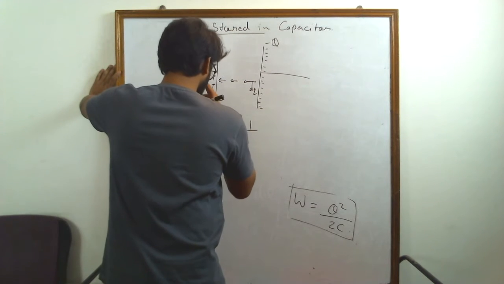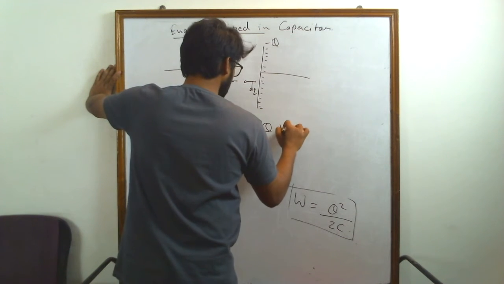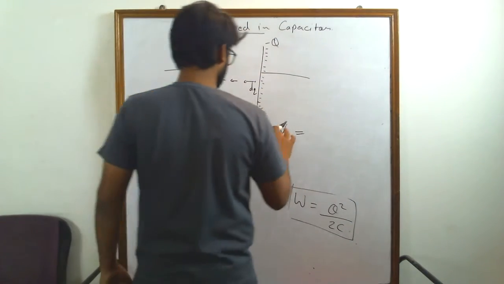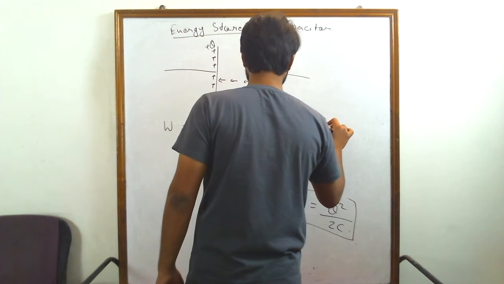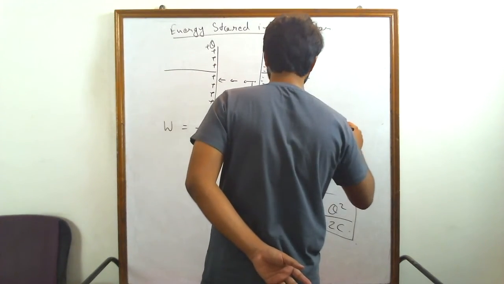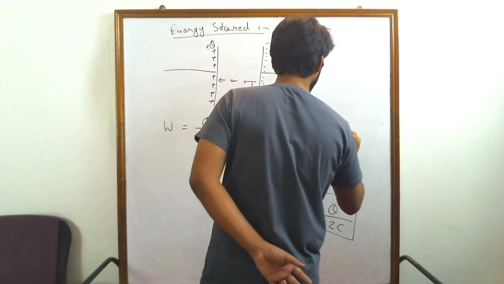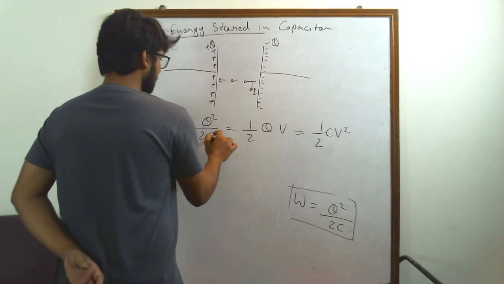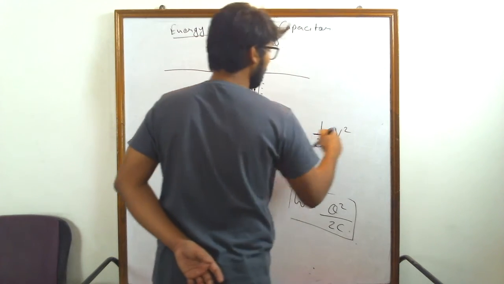So Q upon C becomes V. So I write half Q into V. Then we can also write it as half Q upon C into Q, and Q is CV, so I multiply C both below and above, and I get half C into V square as well.